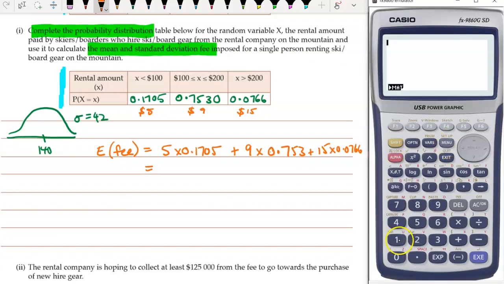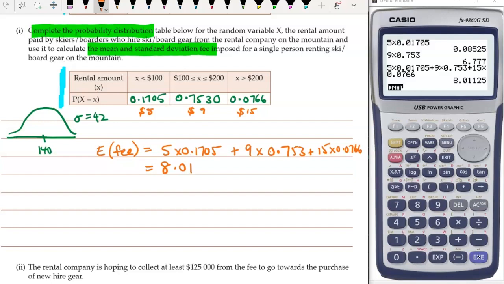So working that through, we've got 5 times 0.01705. Oh, I should have been adding these. Let's start that again. 5 times 0.01705 plus 9 times 0.753 plus 15 times 0.0766 comes to $8.01.